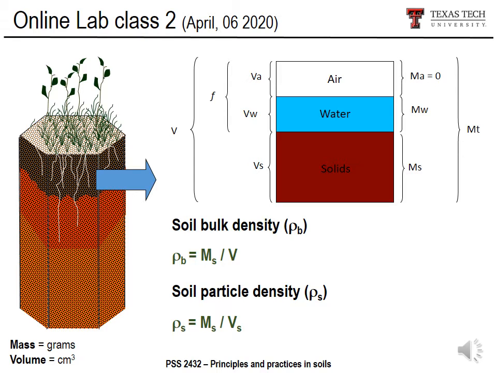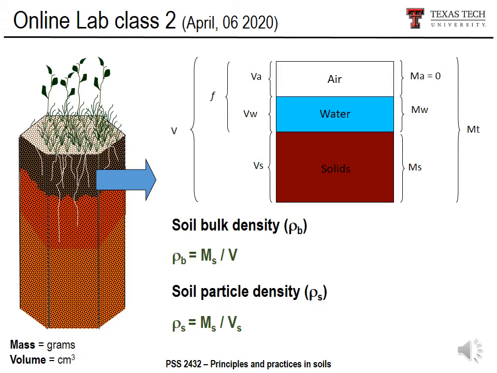Okay guys, as you know, the soil bulk density is the ratio between MS, the mass of soil, soil minerals and organic matter, divided by V. V is the soil bulk volume, right?